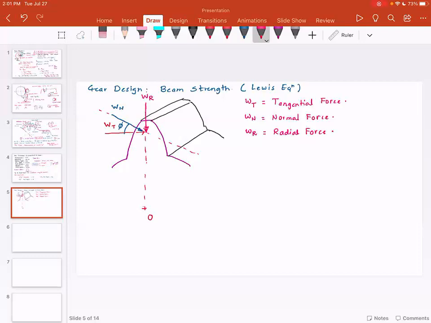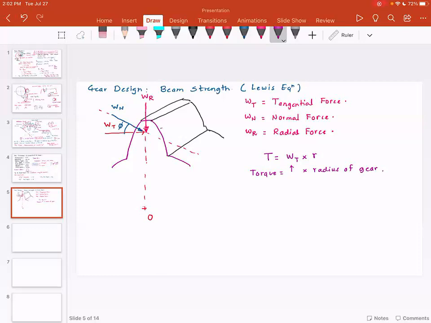WT is responsible for transmitting torque, which means torque is equal to WT multiplied by the radius of the gear.